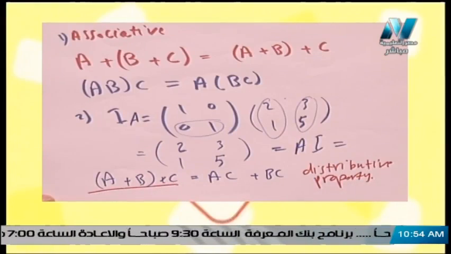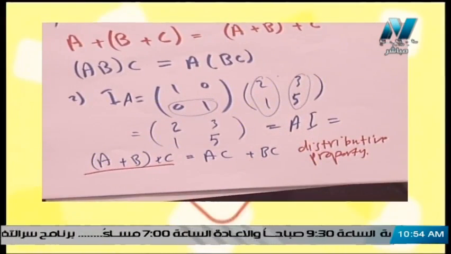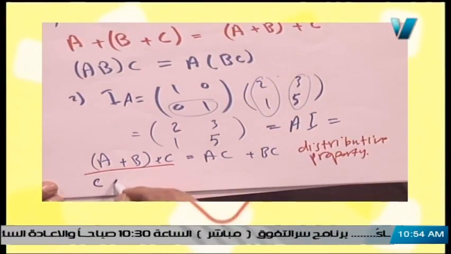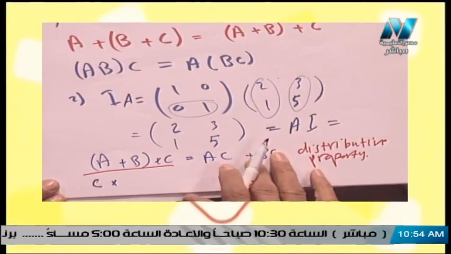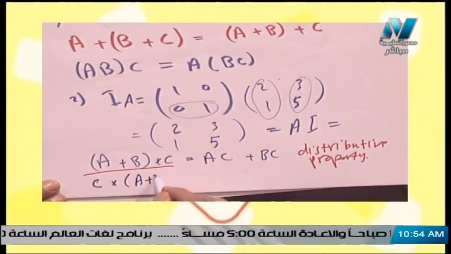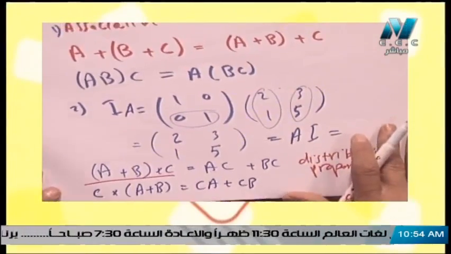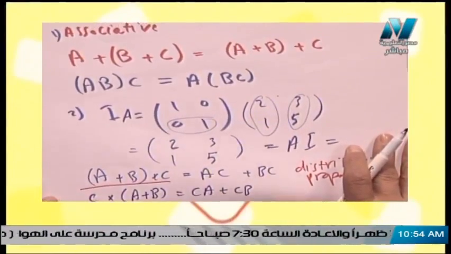Okay, and if we have C here, C times A plus B will be CA plus CB.